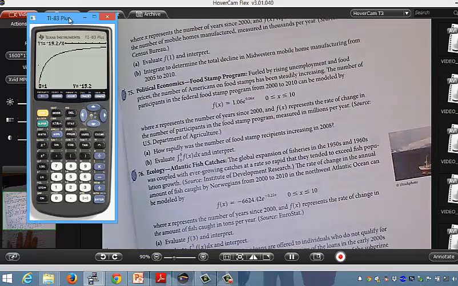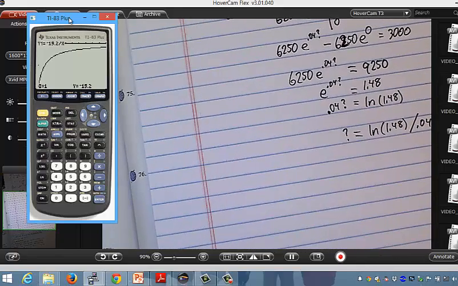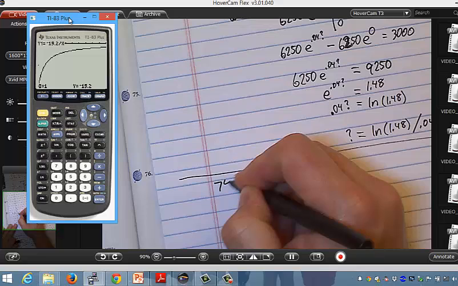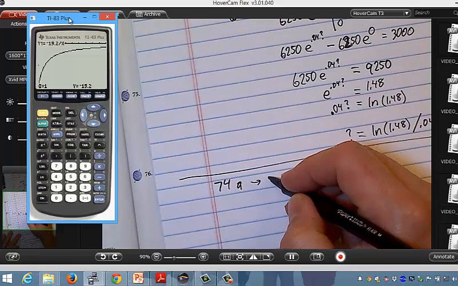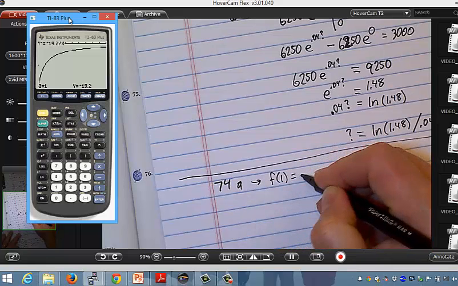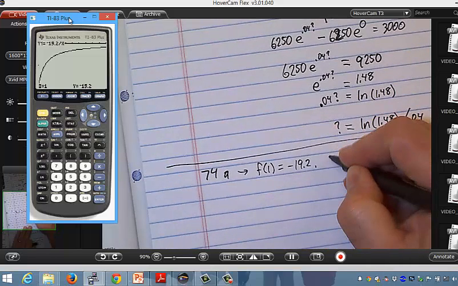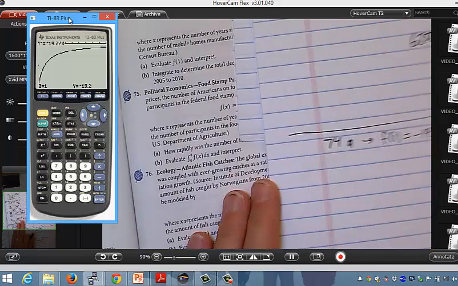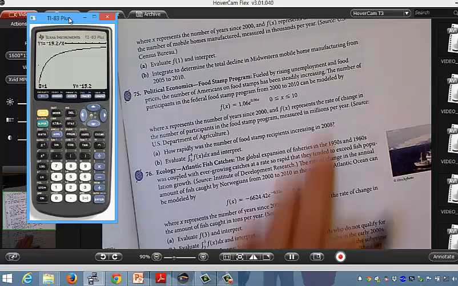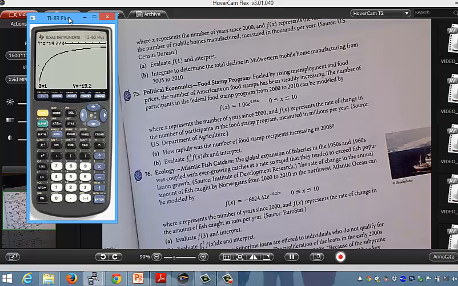Okay. So how do I interpret that? So let's see. F of 1 is negative 19.2, and I would say that this means in 2001, because the x is number of years, it says f of x is the rate of change in the number of mobile homes manufactured in thousands per year.